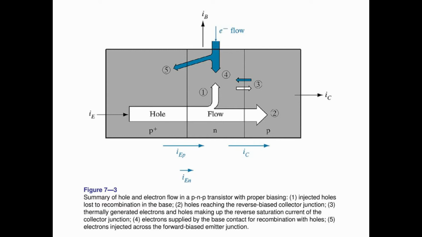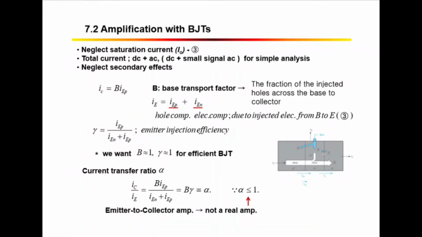Under these assumptions, the collector current is made up entirely of those holes injected at the emitter which are not lost in recombination in the base, and thus the collector current is proportional to the emitter current, where the proportionality factor B is simply the fraction of injected holes which made it across the base to the collector, and B is called the base transport factor.